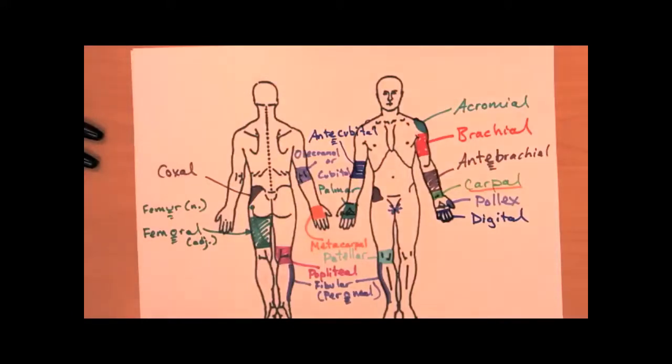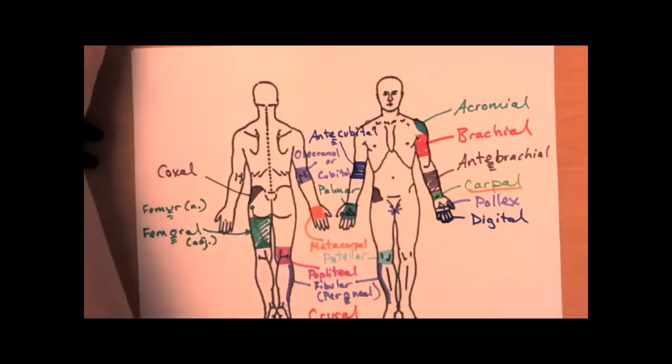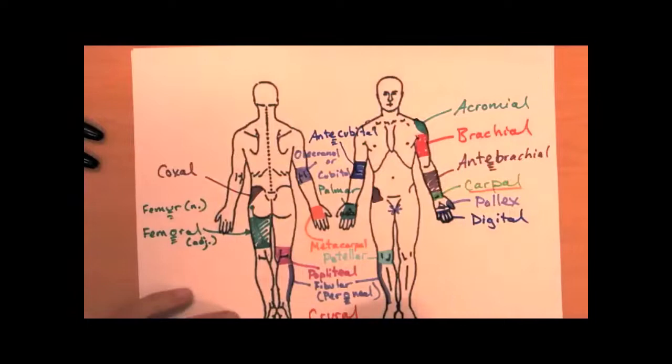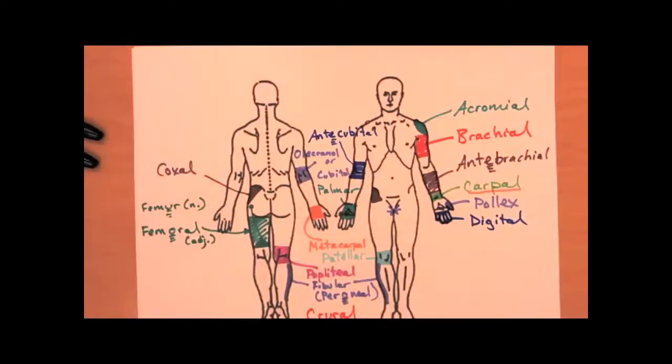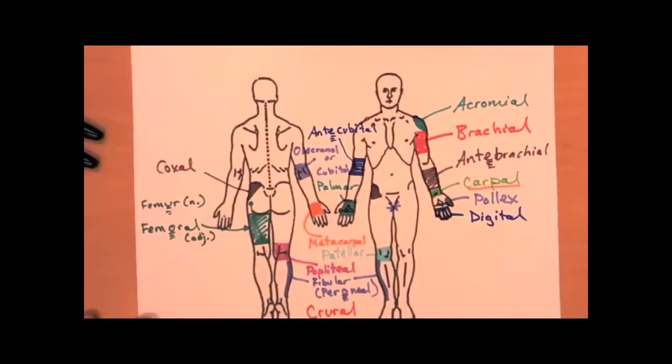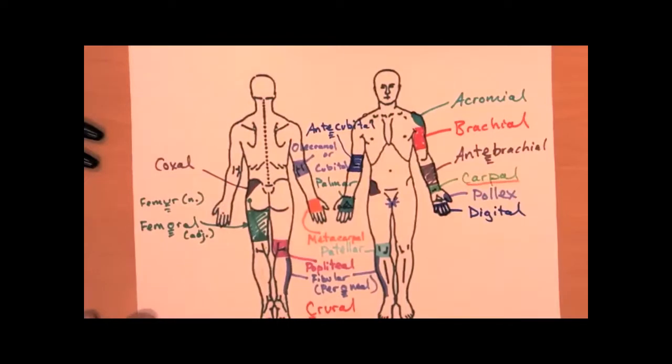The next two terms. Crural starts with a C. Sural starts with an S. These terms are referring to the shin, which starts with an S, and calf, which starts with a C. However, the terms are switched.